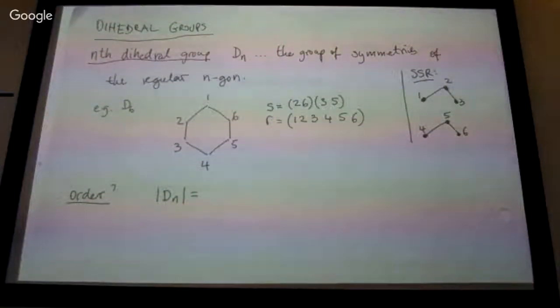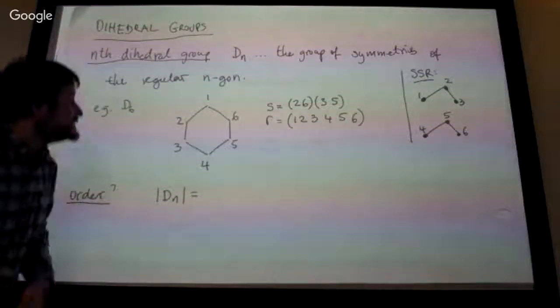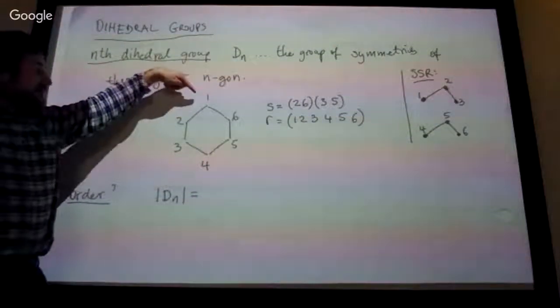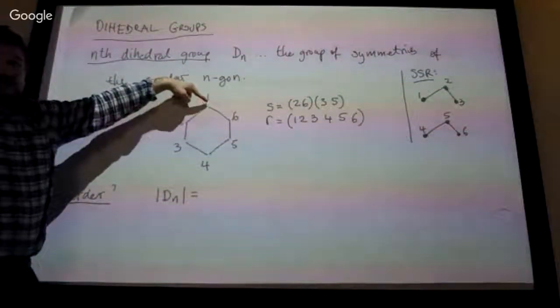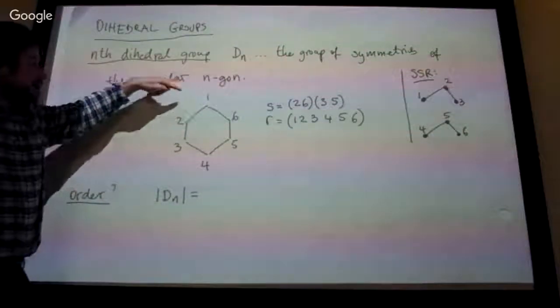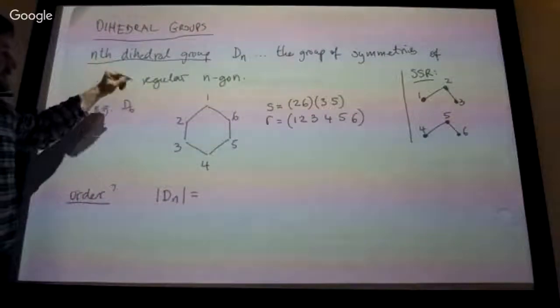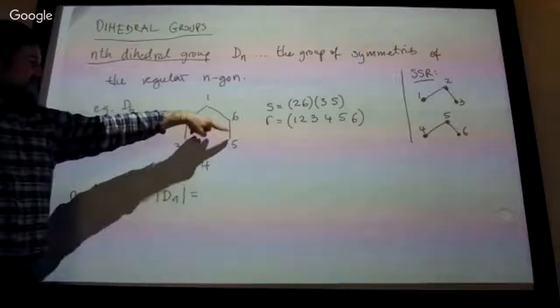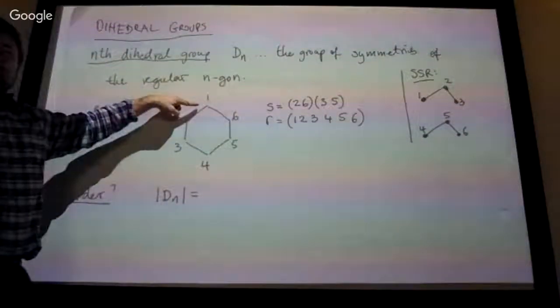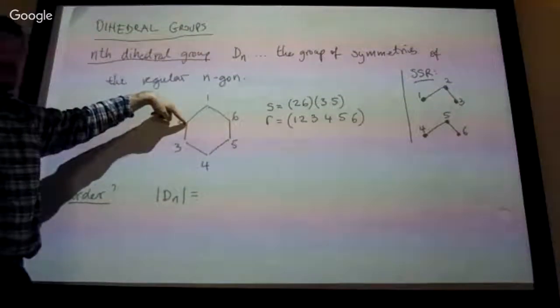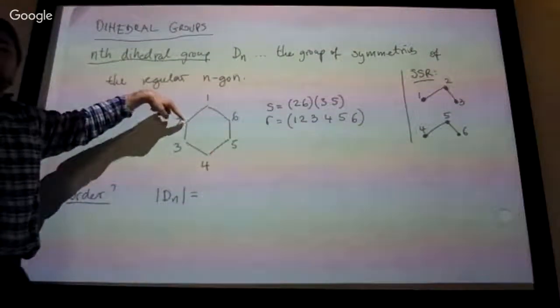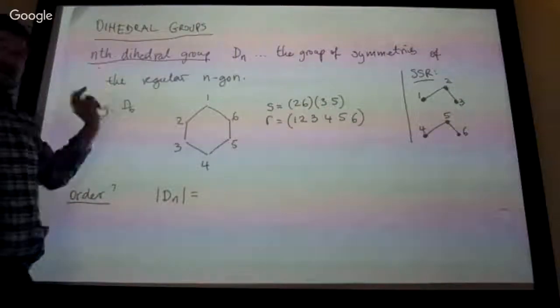Okay, so yes, the one way to see is this vertex 1 has to go somewhere. Okay, and it has 6 different possibilities where it can go. And then this vertex 2 has to go to an adjacent vertex, to a neighboring vertex, but it has 2 possibilities where to go.